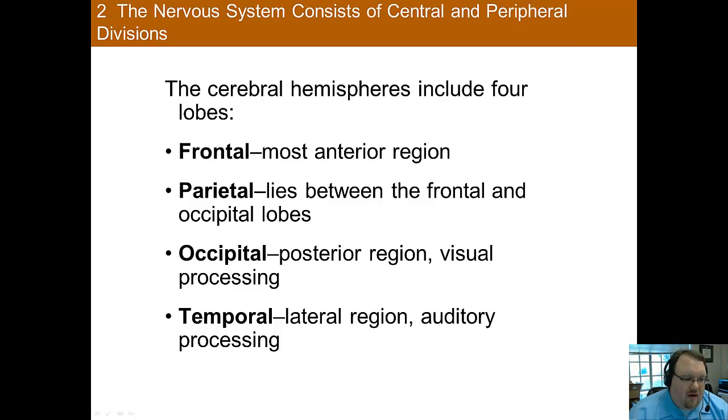The occipital lobe is the posterior region, the one toward the very back, and as you may guess, it's really important for visual processing. And lastly, the temporal lobe lies underneath part of the frontal and parietal, but in front of the occipital, as you'll see on the next slide. It's important for auditory processing.